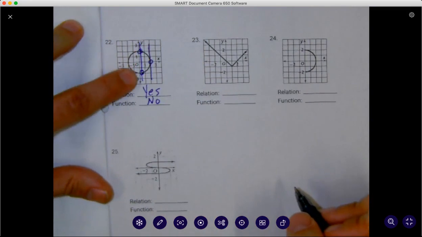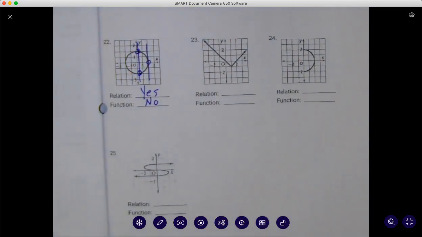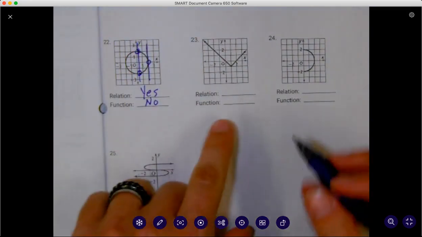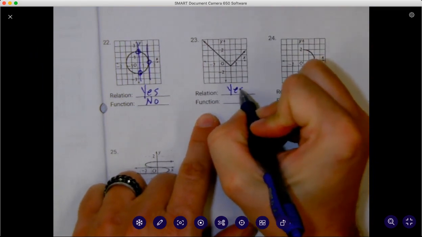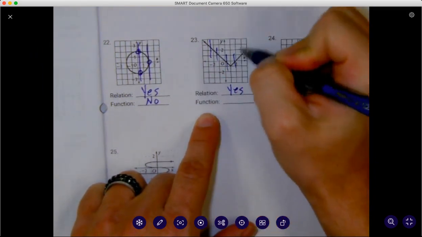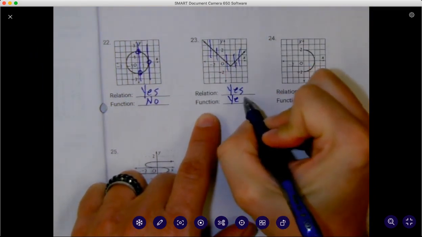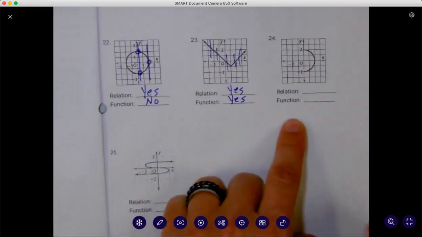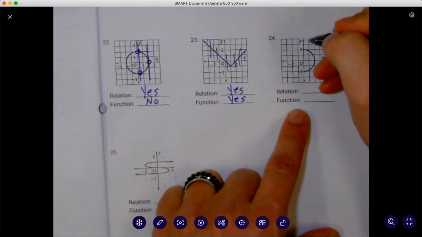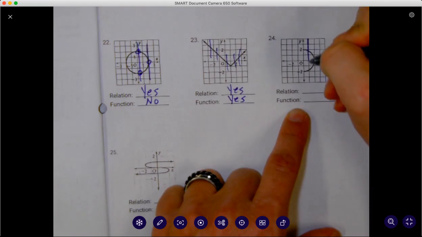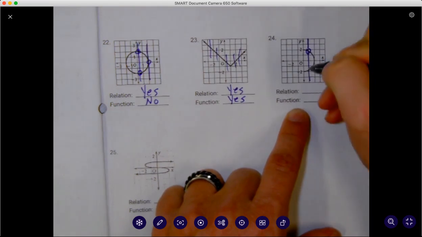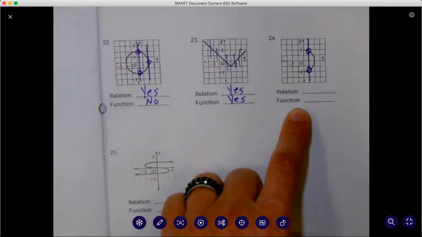More than one girl popped up. That guy's not ready for a functioning relationship. Relationship, pass, pass, pass, pass, pass. So it's a functioning relationship. And here, draw a vertical line. A girl pops up here and here, so that's two different girls.